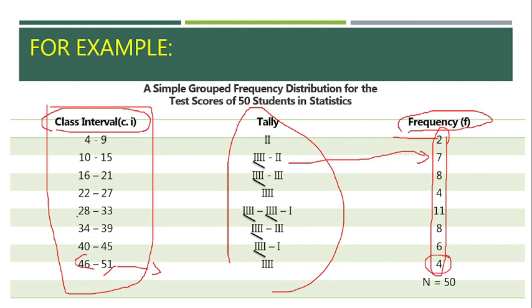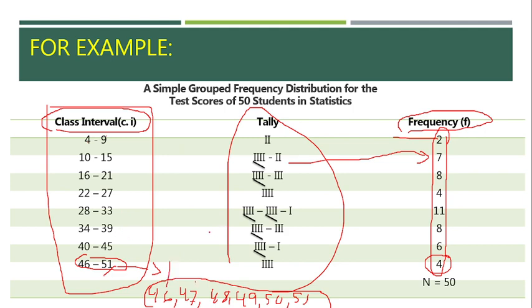Let's find how many 46, 47, 48, 49, 50, 51, because your class interval is 46 to 51, correct? What are the values inside your class interval? We have 46, 47, 48, 49, 50, 51.